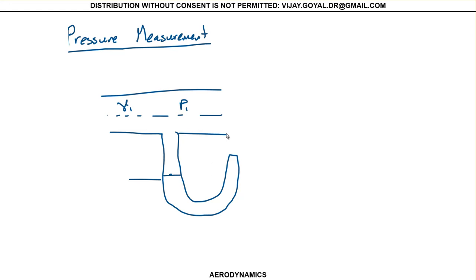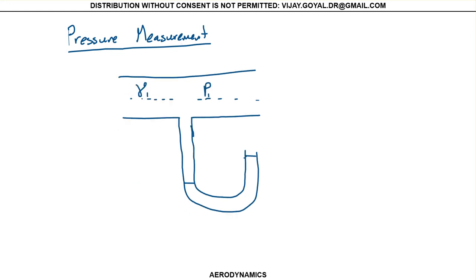Let's suppose this point corresponds to a point here, and then we have this point over here, and the distance from here to here is h.